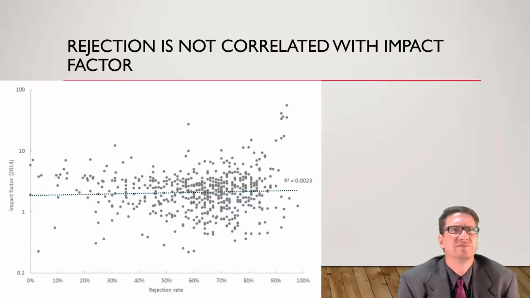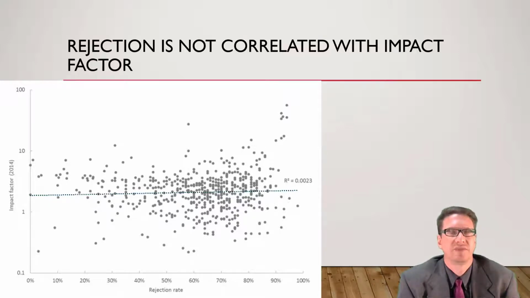So don't just submit your paper to a low impact journal because you think it's not necessarily good enough. There's no reason why you can't submit it to a high impact factor journal because your chances aren't really that difficult.